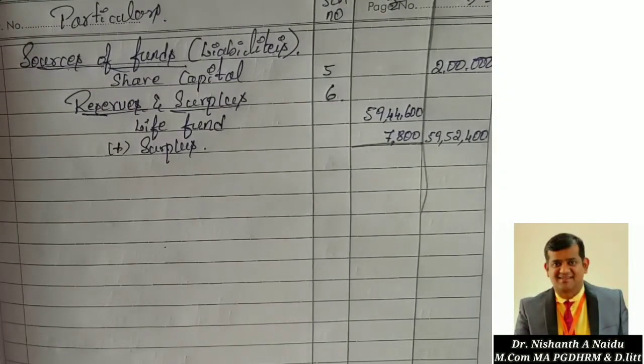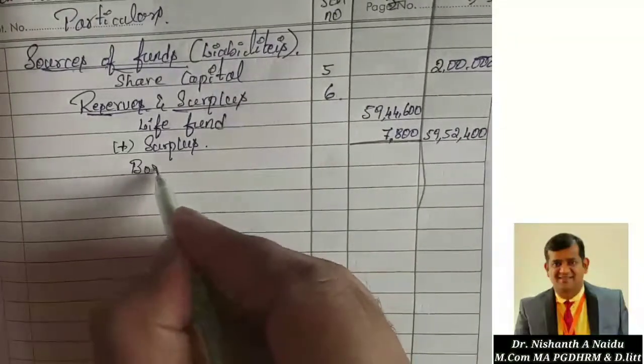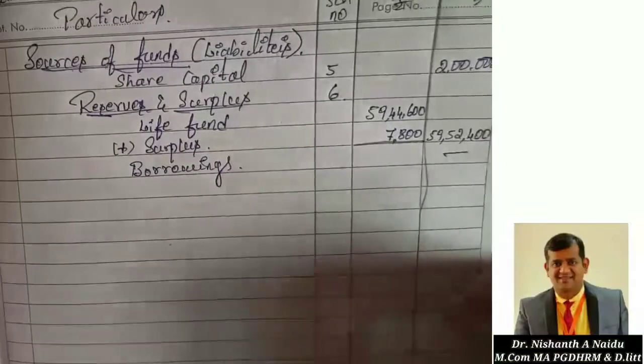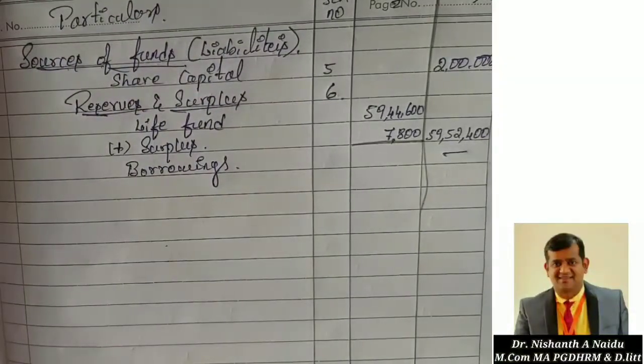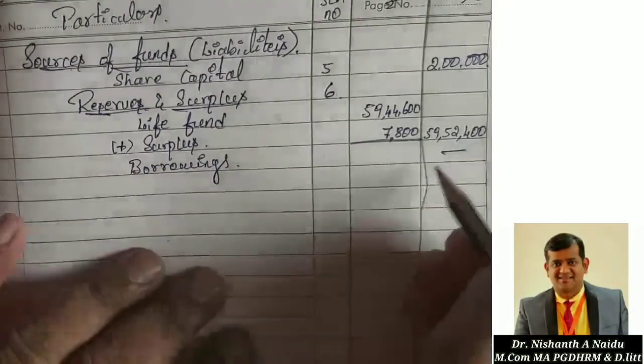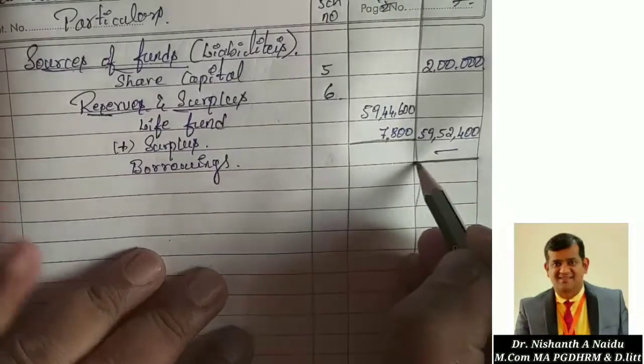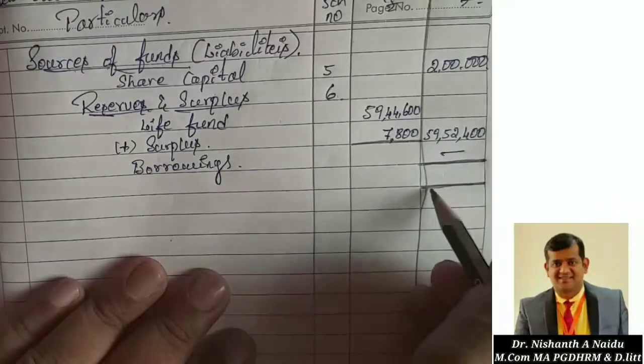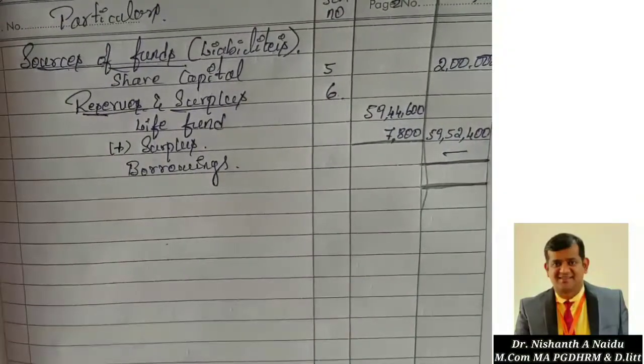Then, do you have any borrowings? No, right? Borrowings is not given. So borrowings is going to be nil. So when borrowing is nil, then you total it, and this is going to be your total liabilities.